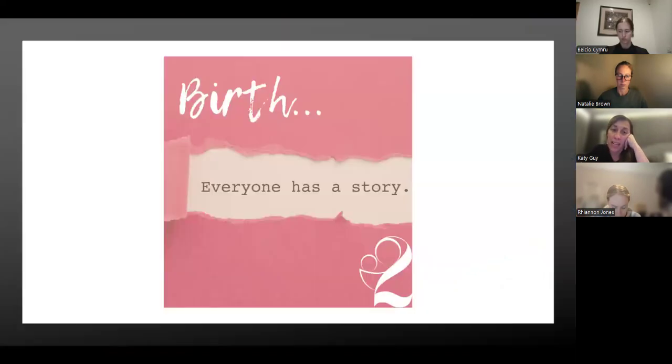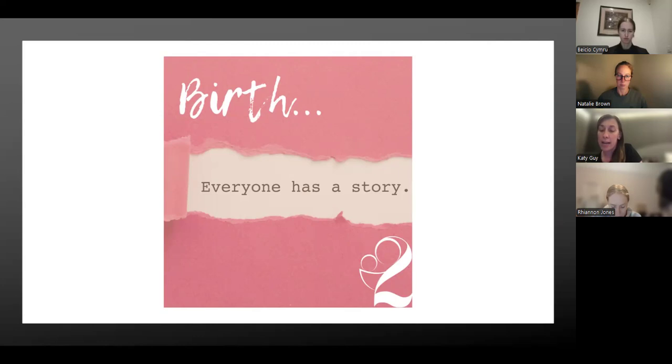Birth itself, everyone has a different birth. You may well write the best birth plan in the world, and it all goes very different to how you see it. So a lot of what I say around postpartum return to activity is going to be based on what actually happens during and immediately after the birth.